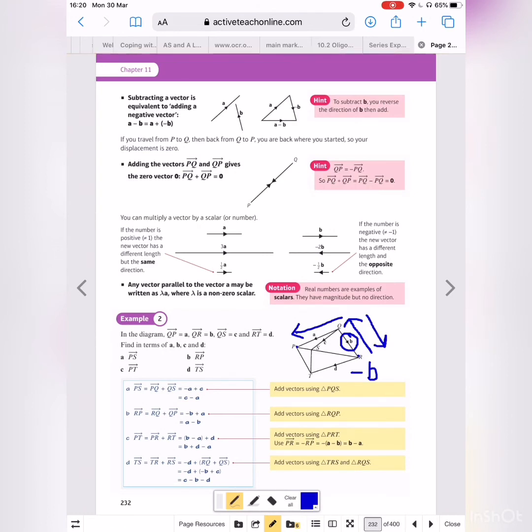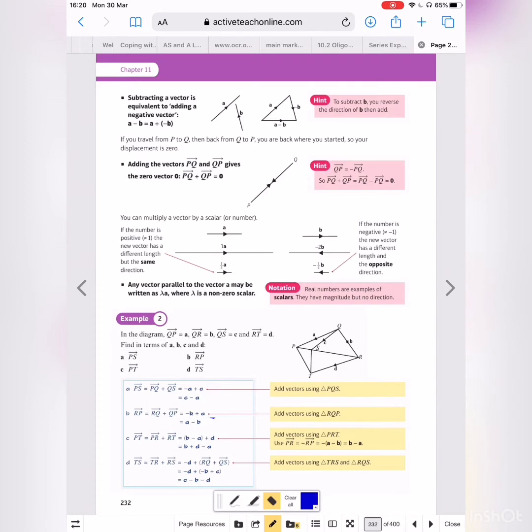Therefore, the other way must be negative. So from R to Q, it's minus B, and then Q to P is just plus A, because that's what it says there. Remember, you can just write your letters the other way around because it's a minus.